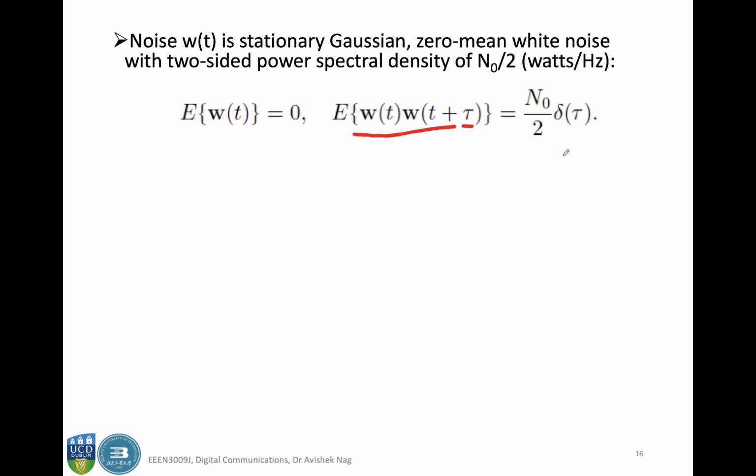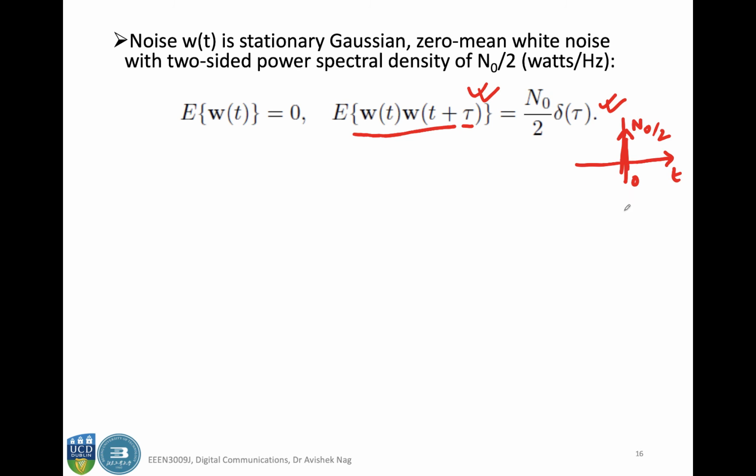So basically this is the time domain correlation of the noise. If you plot it with t, it's basically a sharp impulse at 0, and the amplitude of this impulse is N0 by 2. That is what is meant by N0 by 2 delta tau.